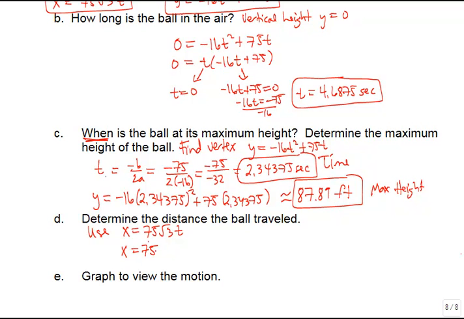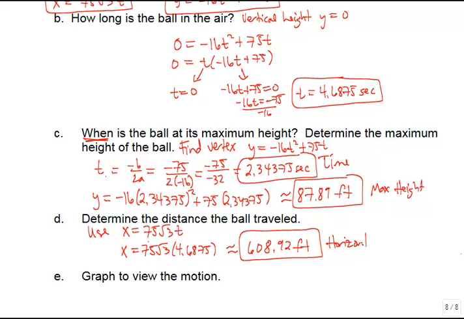So 75 root 3 times 4.6875. And when you punch that in your calculator, you get approximately 608.92, and this is feet again, but this time it's in our horizontal direction. So this would be the horizontal distance traveled by the ball.